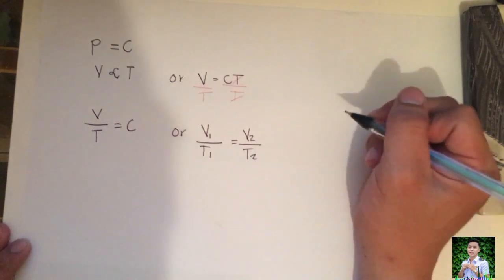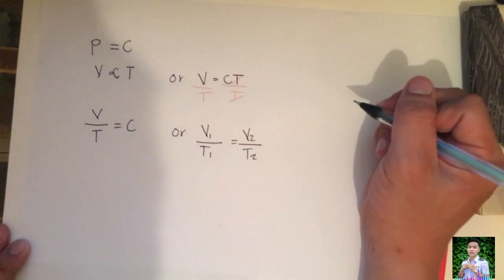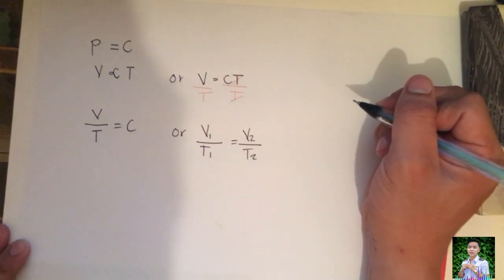Or if you cross multiply, we can use V1 times T2 is equal to V2 times T1.